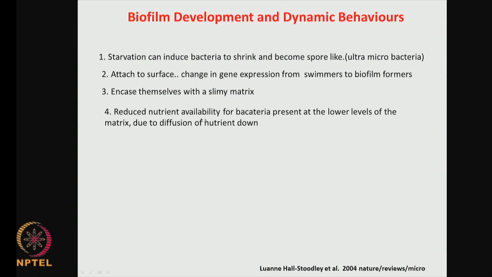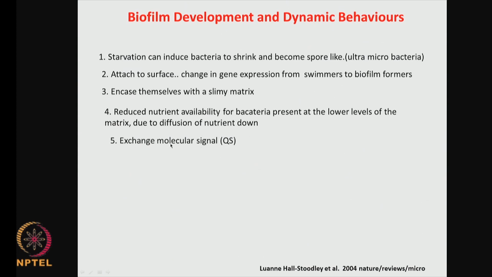Because of the reduced nutrient availability for bacteria which are at the lower level of the biofilm, nutrition diffusion also slows down. So the bacteria stops growing and they reach this type of starvation condition, and hence there could be change in the gene expression of that.